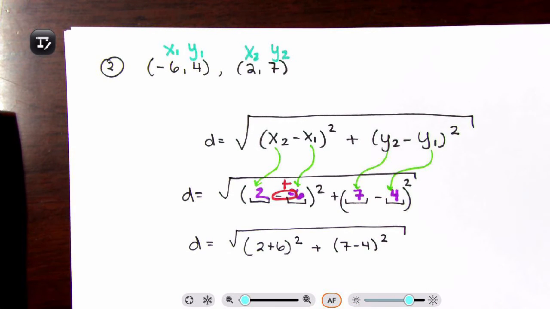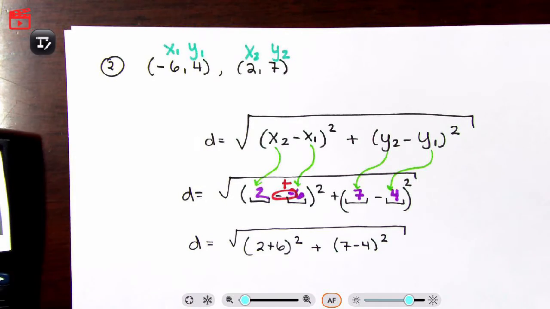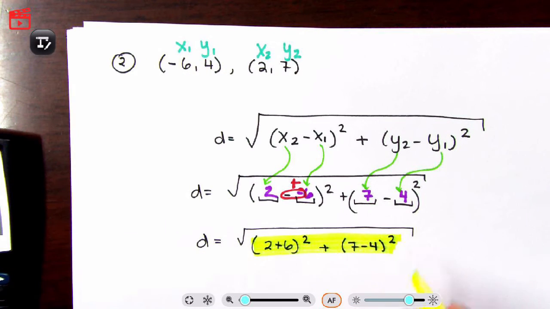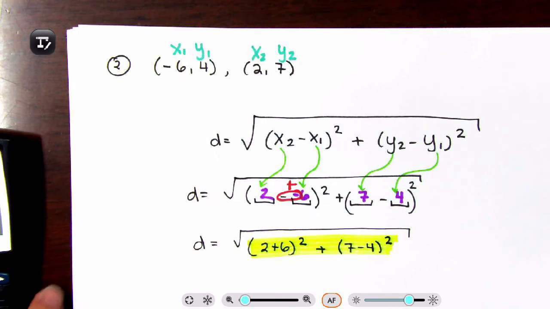Now this is where I'm going to teach you to cheat a little bit, depend on your calculator a little bit. So I'm going to type all of this inside the radical into the calculator.